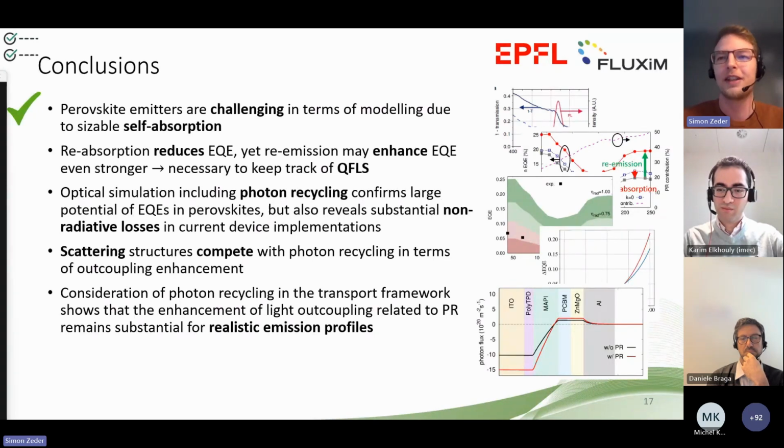However, this means, of course, that you will need to enhance the thickness of your ETL, which gives you more electrical losses, more resistive losses. So in the end, I think this is why it's really important to use simulations of your device, optical and electrical, to optimize these conflicting requirements.